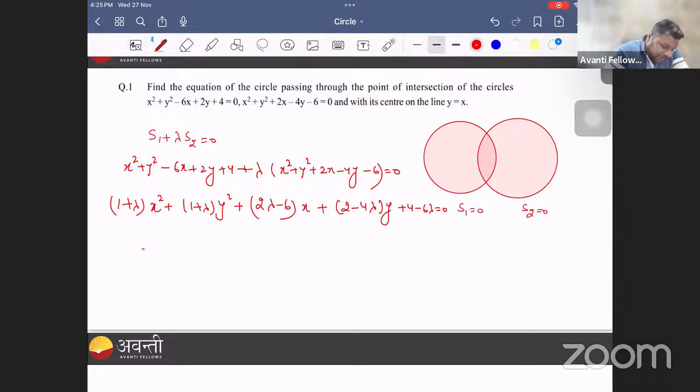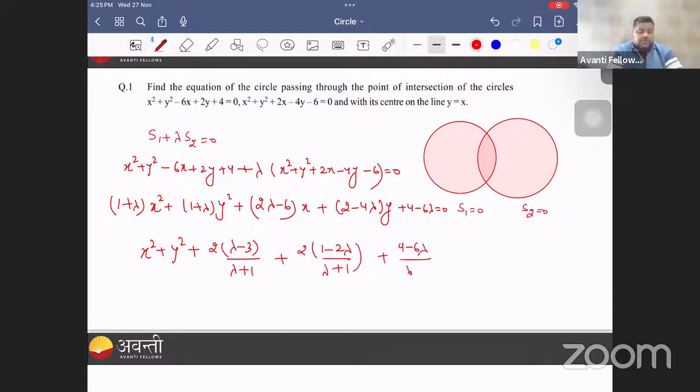Now divide this equation by 1 plus lambda. So you get x square plus y square plus 2 times (lambda minus 3) upon (lambda plus 1) into x, plus 2 times (1 minus 2 lambda) upon (lambda plus 1) into y, plus (4 minus 6 lambda) upon (lambda plus 1) equals 0. Now, this is the equation of that family. Its center will be what?